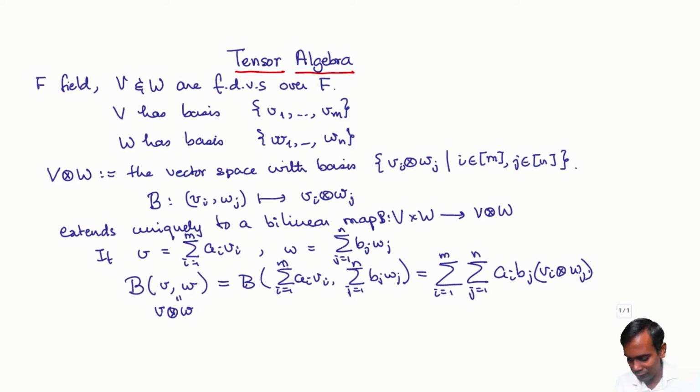Okay, so what I'm saying is that not every vector in V tensor W is of the form little v tensor little w for some vector little v in big V and some vector little w in big W. I leave it as an exercise for you to check this when V and W are, let's say, two-dimensional vector spaces.